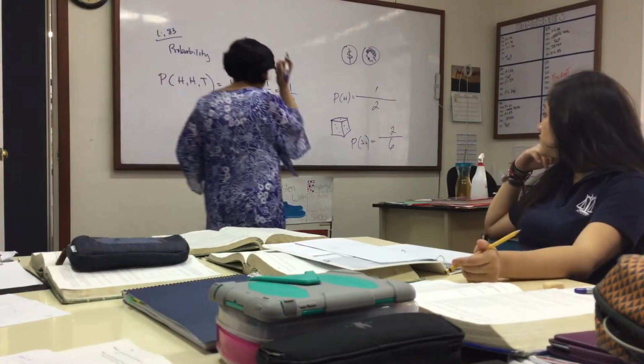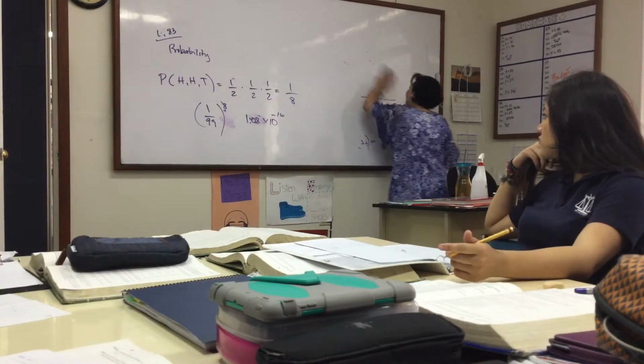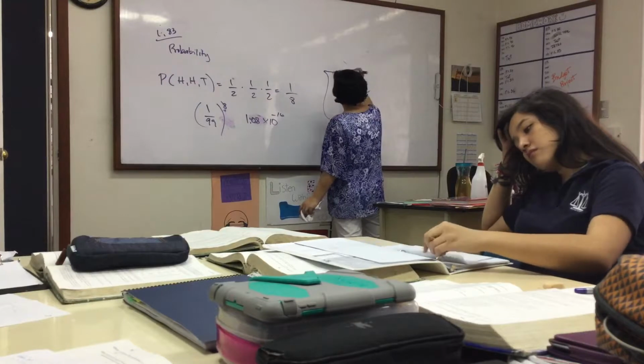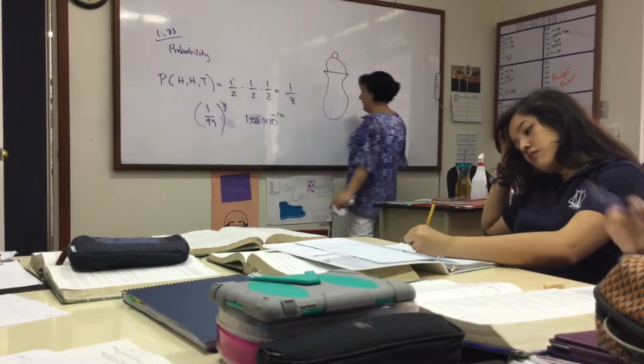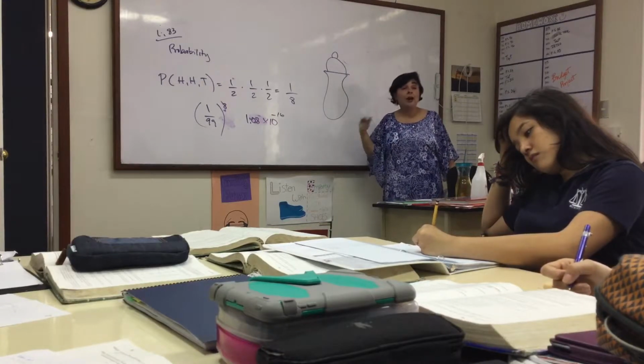Okay, so is it understood how to get dependent events? So how about, I have an urn. An urn is that thing where you put the ashes of a loved one if they're cremated. But we're not going to put the ashes of Aunt Clara, we're going to put balls.